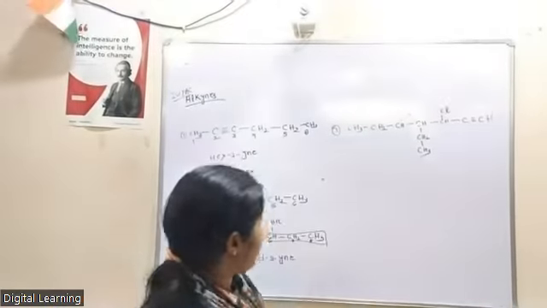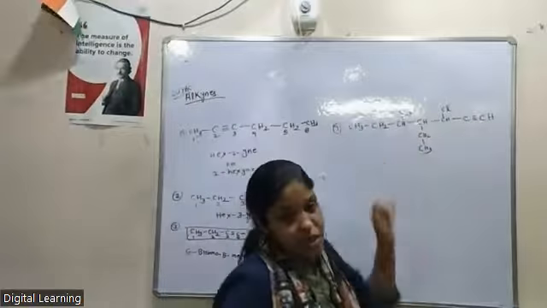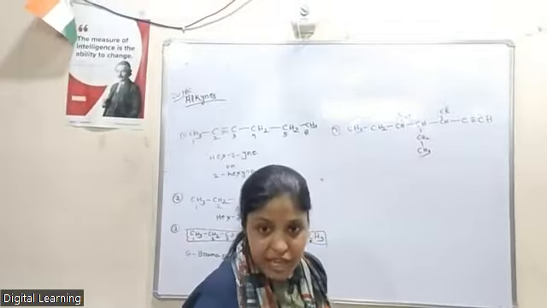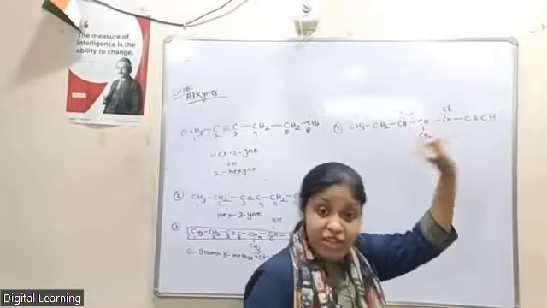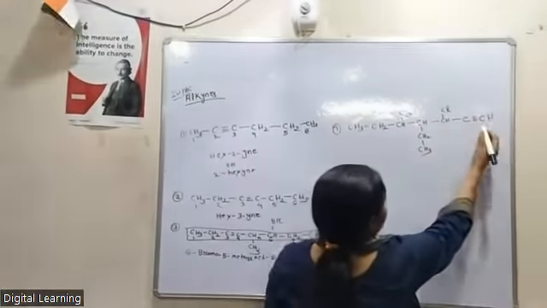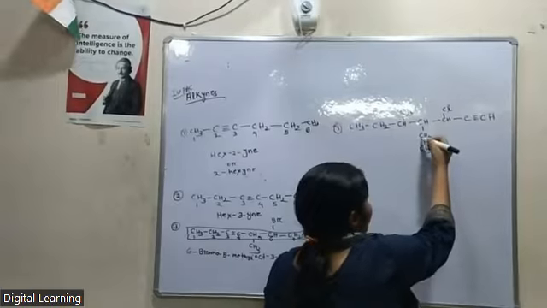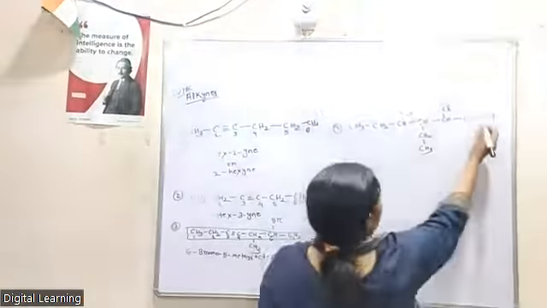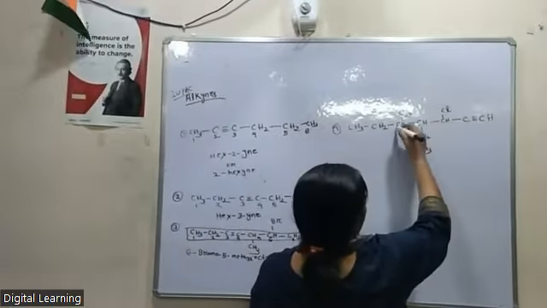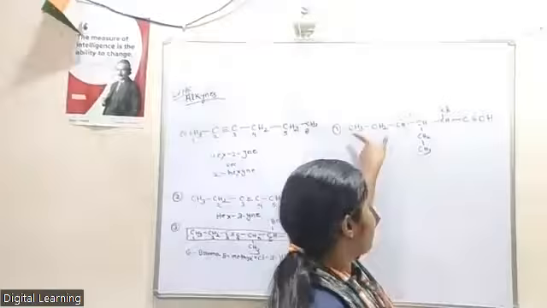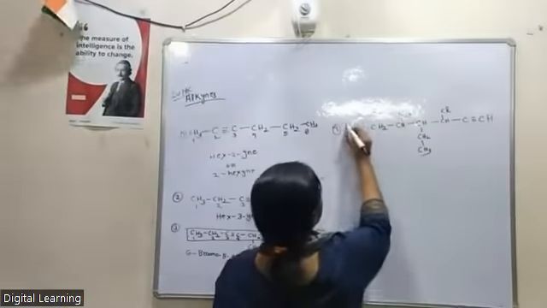Okay. So first we have to count the main carbon chain, including the triple bond. So 1, 2, 3, 4, 5, 6. 1, 2, 3, 4, 5, 6, 7. So this is the main carbon chain.